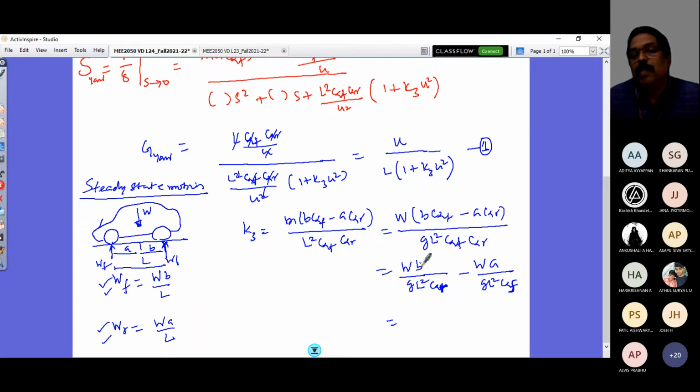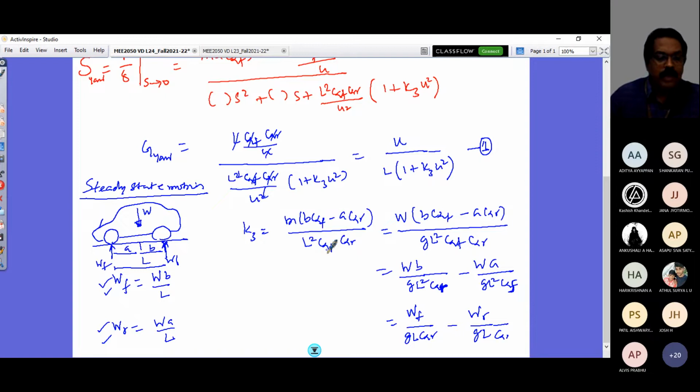I will have W B by L, which is W F, by G into L now into C alpha R, minus here W A by L, which would be W R, by G into L into C alpha F. Am I right?